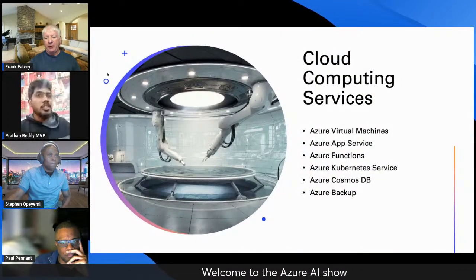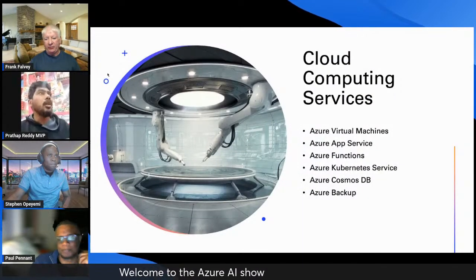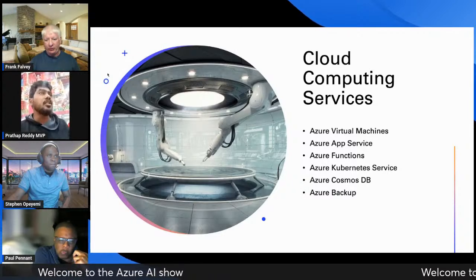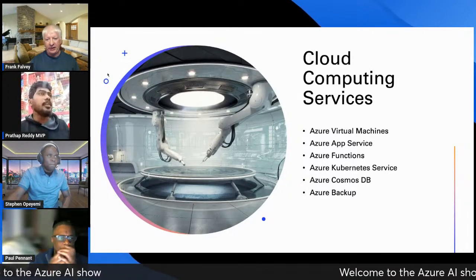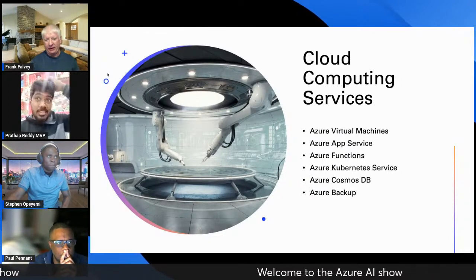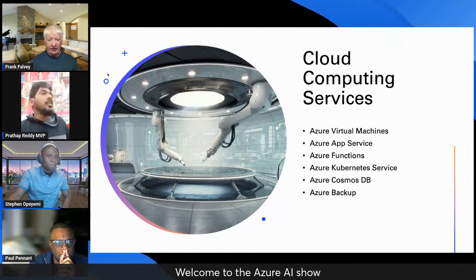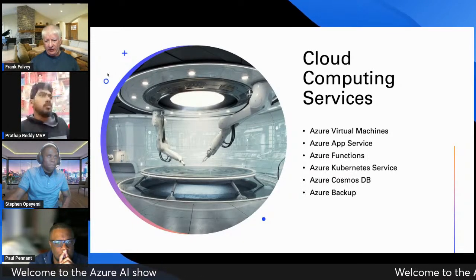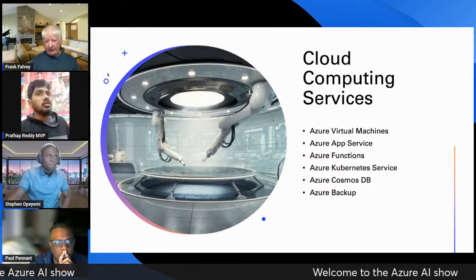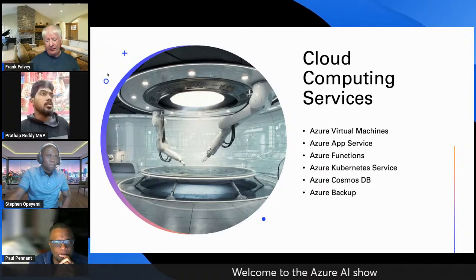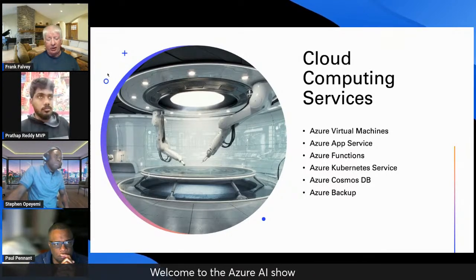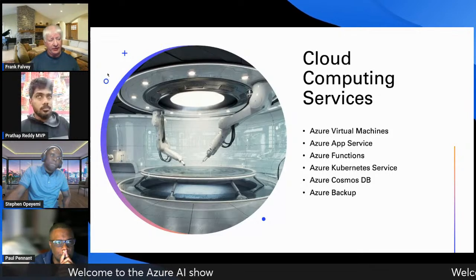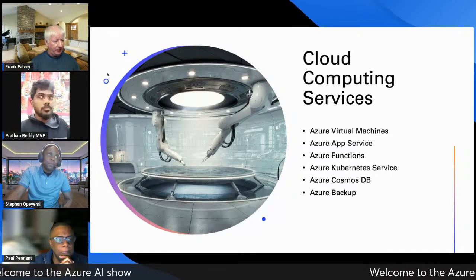So virtual machines is kind of a common thing that everyone, the beginners, would know about Azure. Virtual machine, storage and networking are the 3 main ones. So like Kubernetes service, that would be like Docker. Have you heard of Docker? Mm-hmm. Yeah.